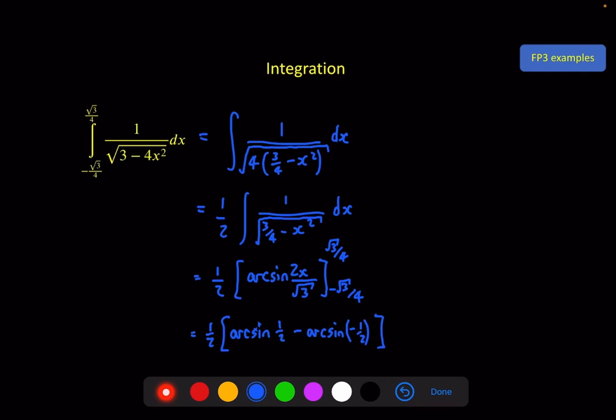So the arcsine of 0.5 is pi by 6. And this will be a minus pi by 6. So that will give us pi by 3, and half of that is pi by 6. And that should be our final answer.